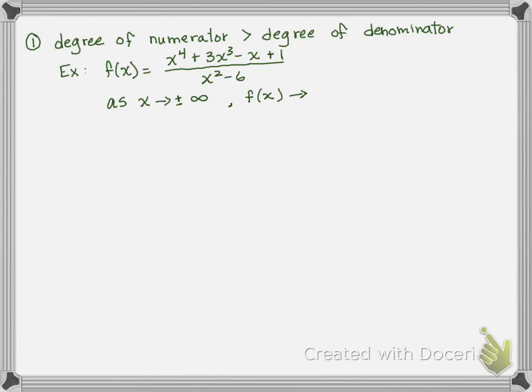My x value is so big that x to the 4th is billions of times bigger than x to the 3rd. So x to the 3rd is really tiny in comparison. So basically this is going to behave like x to the 4th in the numerator, and like x squared in the denominator. If that's upsetting to you, think about this.